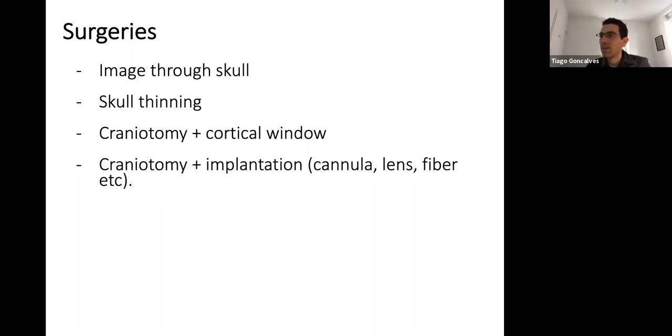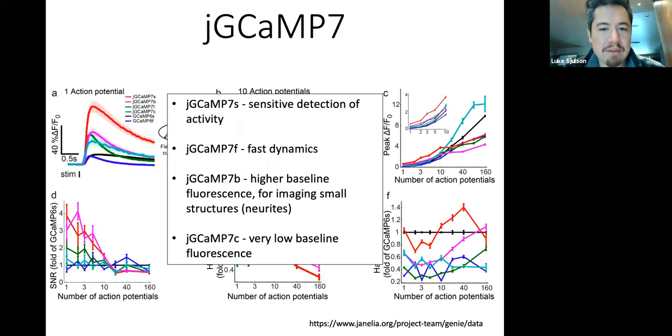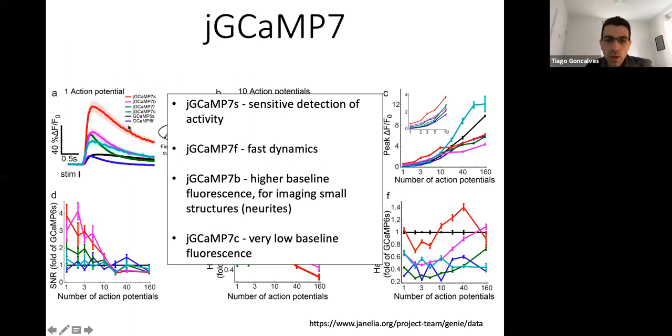But that's one of the reasons why voltage imaging is so hard, because the events are so short that you have to sample at kilohertz frequencies basically, which is almost impossible with scanning imaging. Yeah, so the single action potential for GCaMP7 slow.